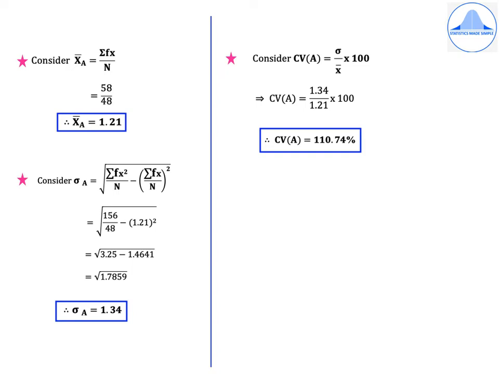So minus 1.21 the whole square, which is root of 3.25 minus 1.4641, which is equal to root of 1.7859, or you get sigma A equal to 1.34. Then calculate CV of A, which is sigma by x bar into 100. So it is 1.34 divided by 1.21 into 100, or CV of A is equal to 110.74%.